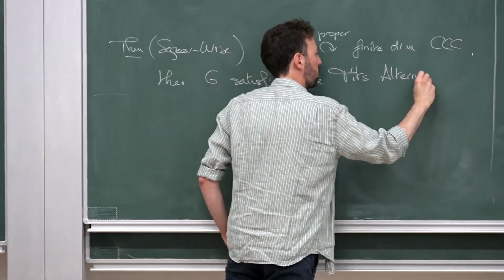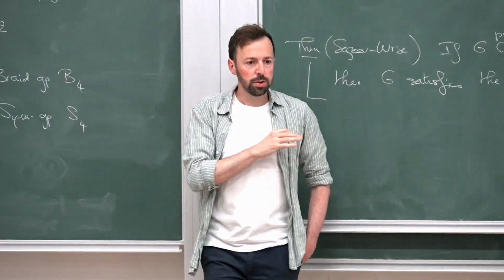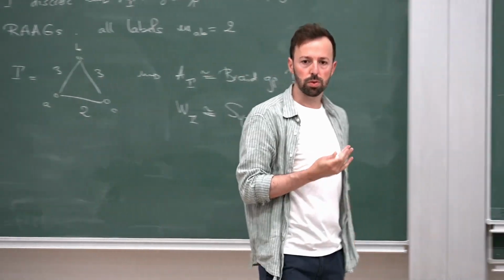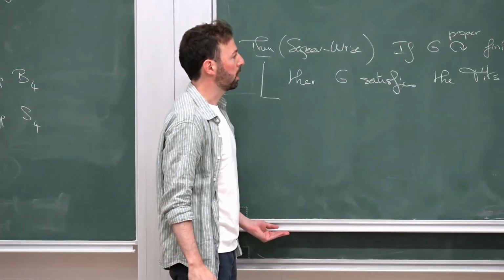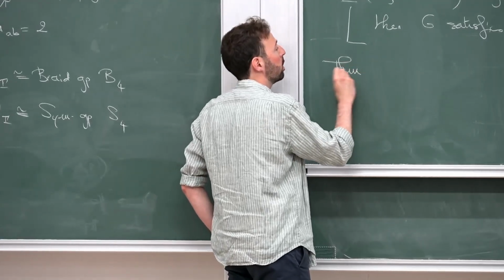And a slightly stronger, more geometric Tits alternative: if you have a finitely generated subgroup, it either contains F2 or it's virtually abelian. So not just virtually solvable, but virtually abelian.